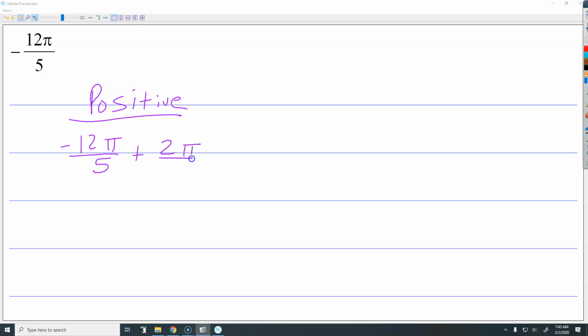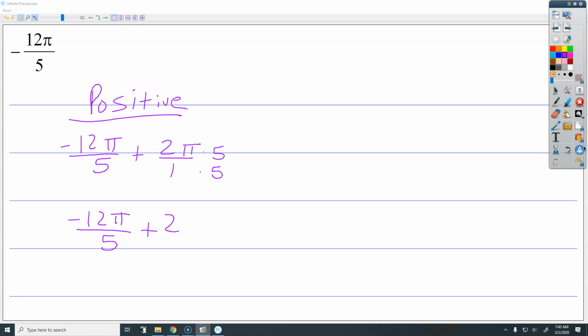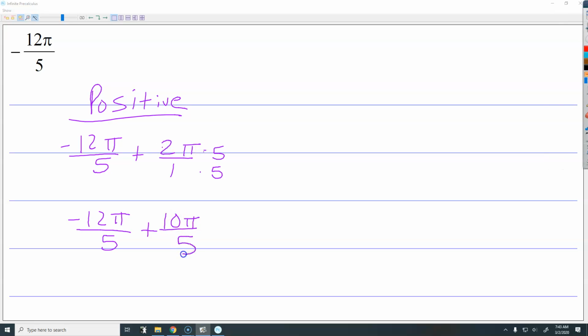We want a common denominator, so I'm going to multiply the top and the bottom by 5. So 5 times the top there is going to end up making the top be 10 pi, right? 5 times 2 is 10. Then we add the tops together, negative 12 and positive 10. That makes negative 2 pi over 5. We're still not there, right? That's still not a positive, so we have to do it again.